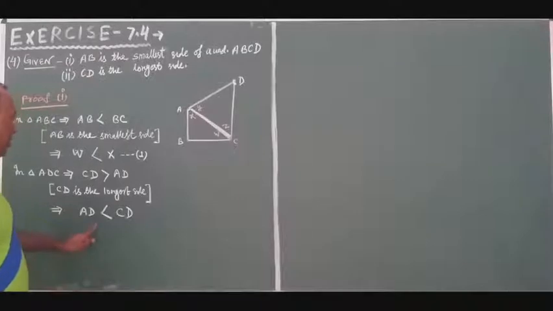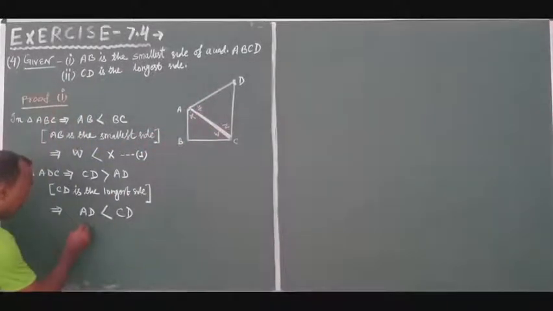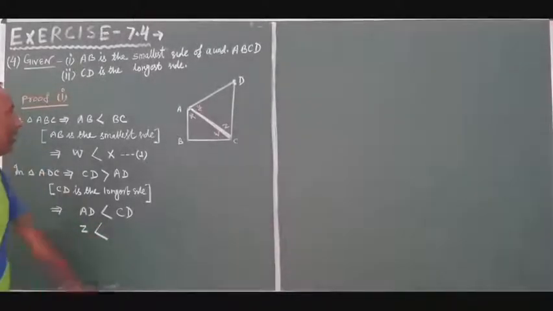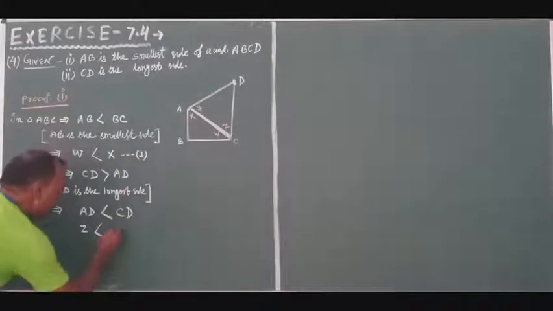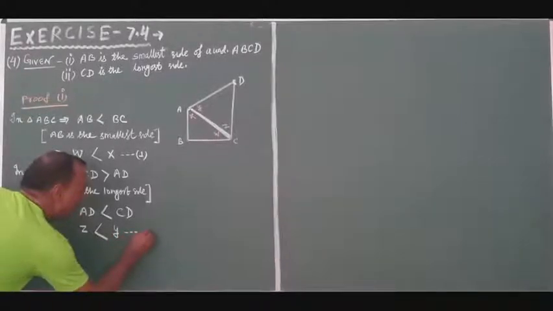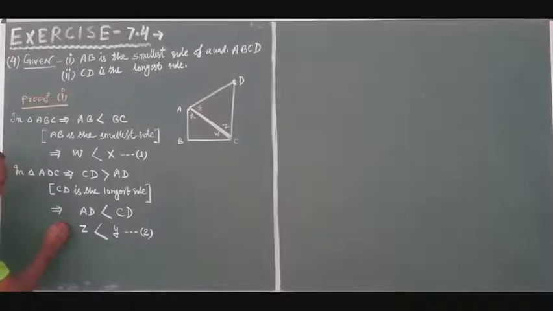Now what is the angle opposite to AD? This is Z. It means angle Z is less than, what is opposite to CD? Y. And this is your equation number 2.